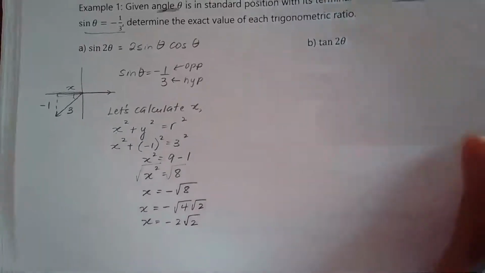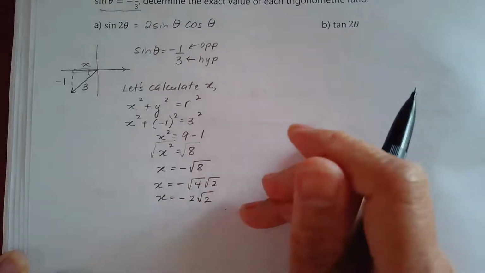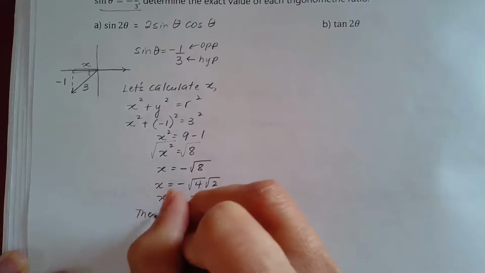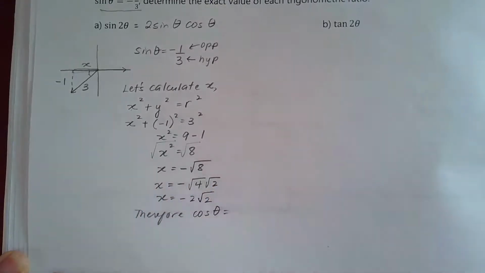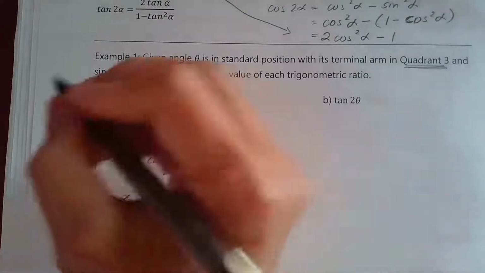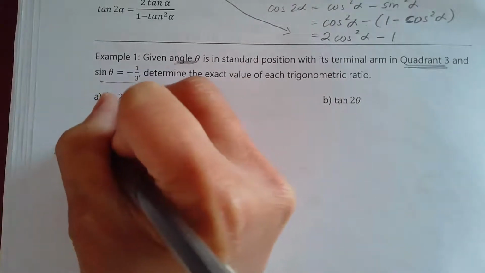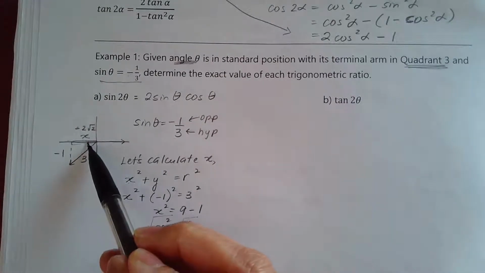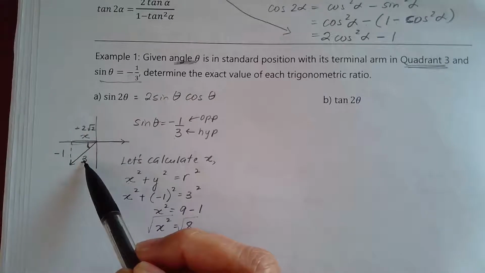So now that we have all these parts, we can say, therefore, cos of theta is, I'm going to bring it back in here. The x is negative 2 root 2. This is the reference angle, so adjacent over the hypotenuse.